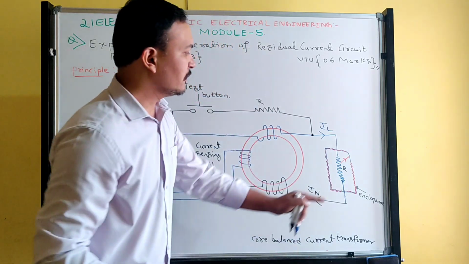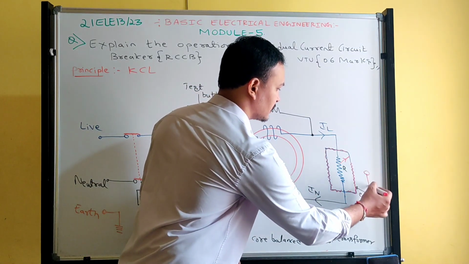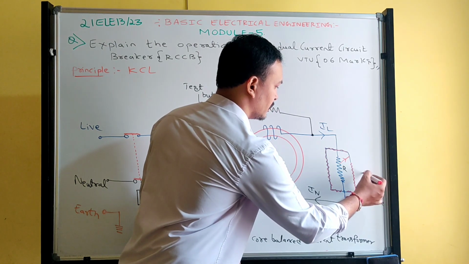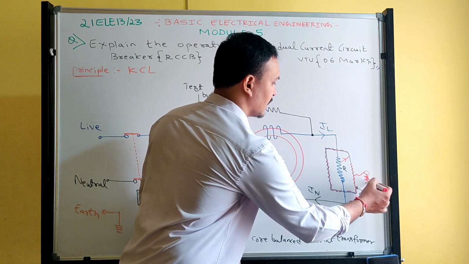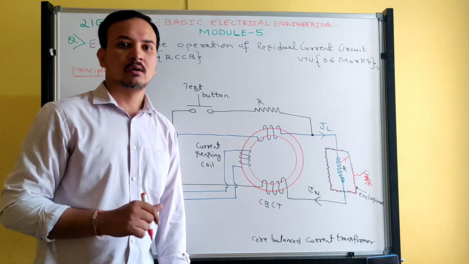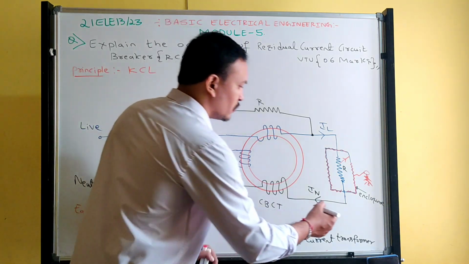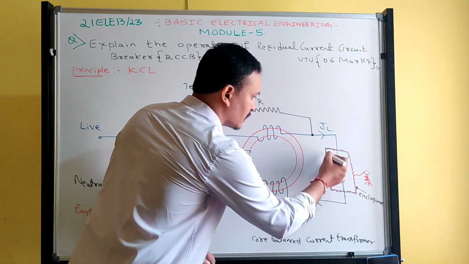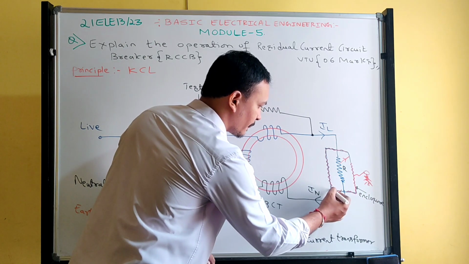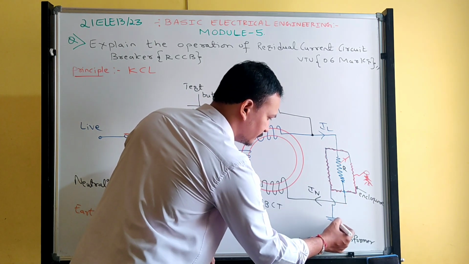What happens if any person touches this frame? That person will get an electric shock. In order to avoid the electric shock, under such a condition, we should connect this enclosure to the earth.